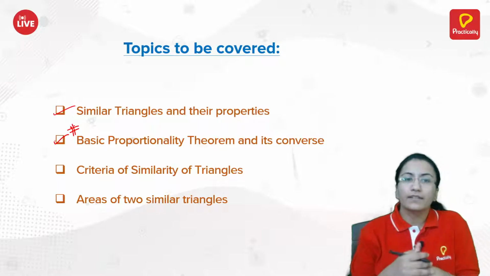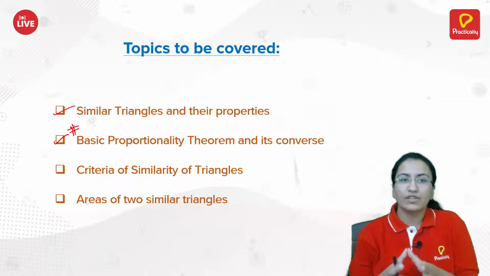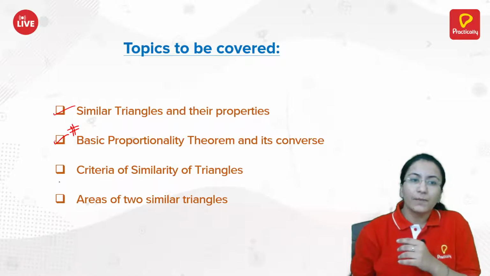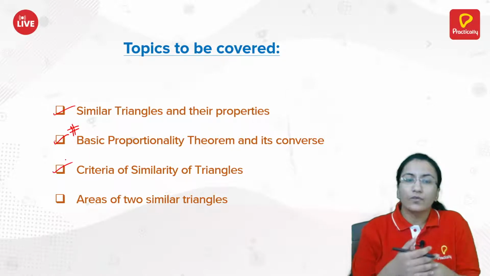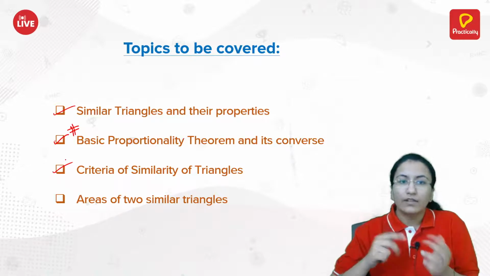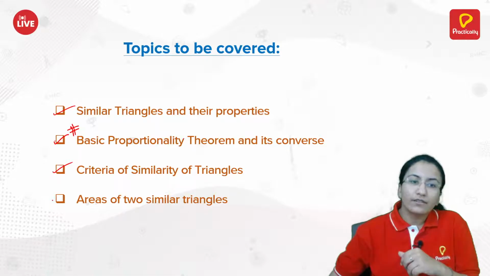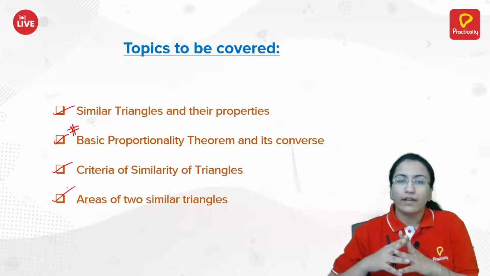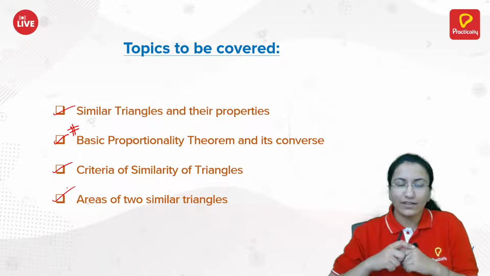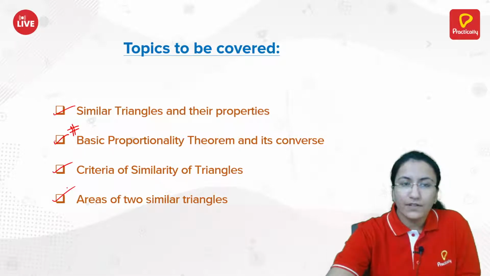This theorem has to be covered so that most of the questions of similar triangles can be solved. Next, we will be discussing the criteria for similarity of triangles. What criteria make two triangles similar? Next, we will be discussing the area of two similar triangles, how the areas of two similar triangles are related to each other. Okay, so let's just begin with the session with the first topic.